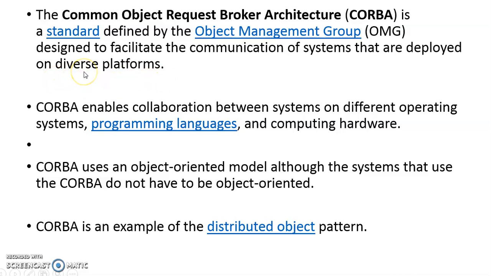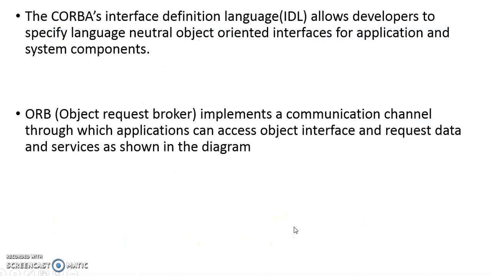Diverse means different types or heterogeneous platforms. CORBA enables collaboration between systems on different operating systems, programming languages and computer hardware. CORBA uses an object-oriented modeling, although the systems that use CORBA do not have to be object-oriented. It is an example of distributed object pattern.